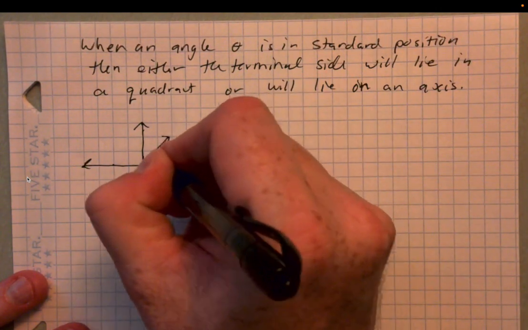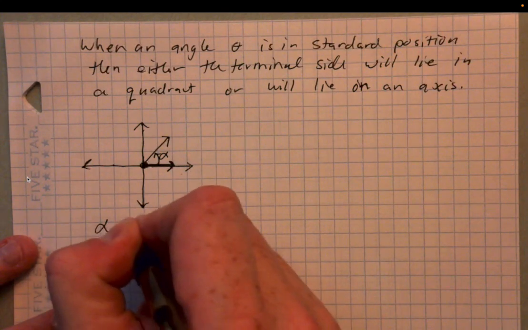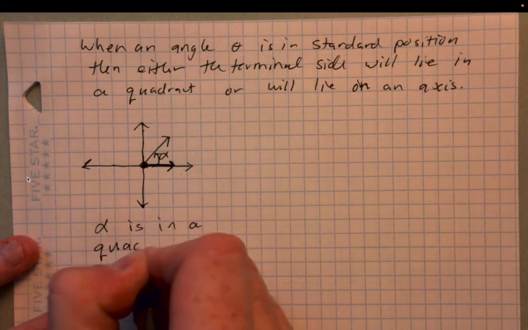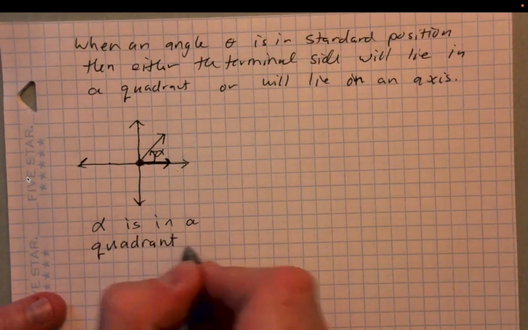So you can have something like this. Here's alpha. This would be an example of lying in a quadrant. Alpha is in a quadrant, and in this case, it's in quadrant 1.